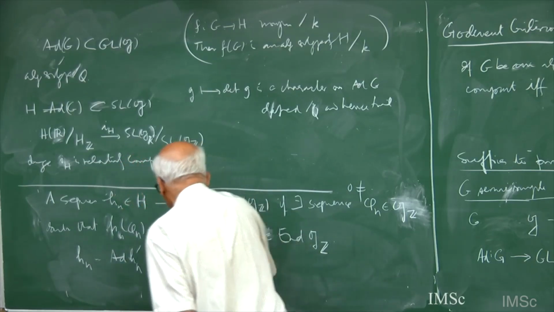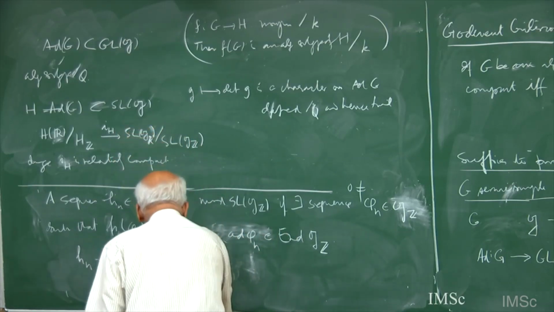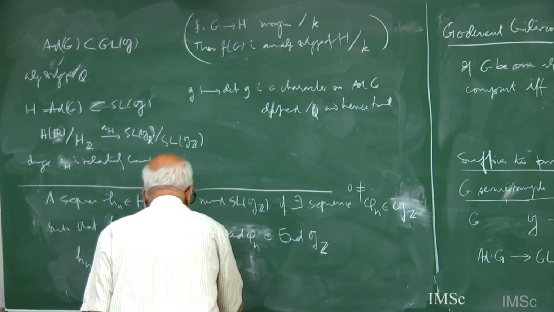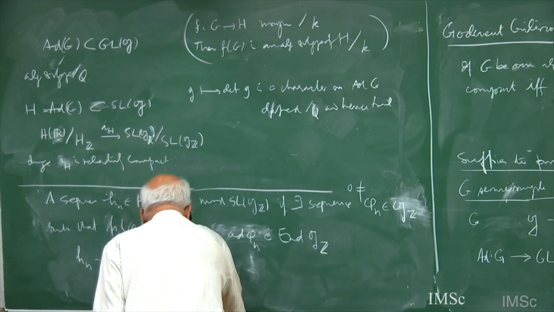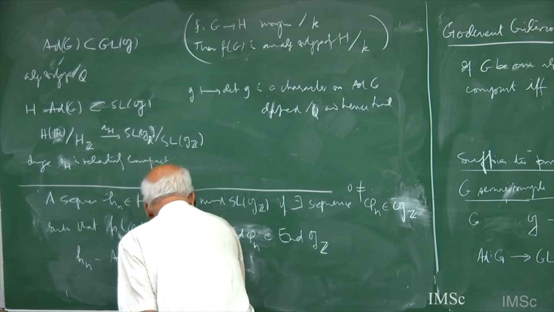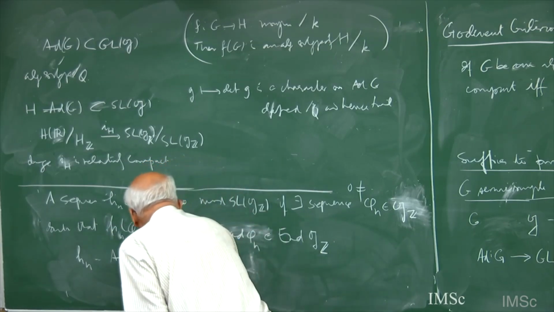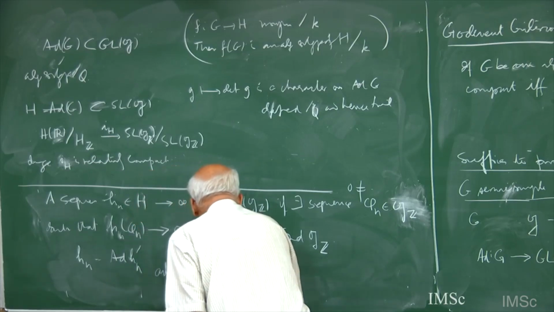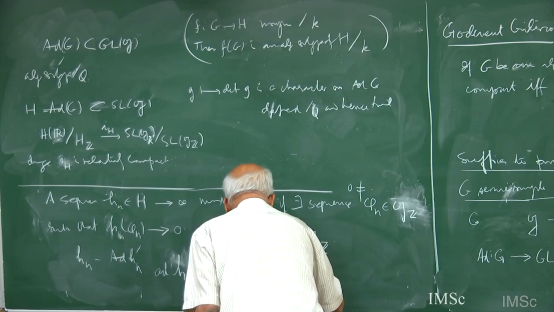Hn is Ad Hn prime. What I want to say is the following: Hn phi n. This is an element of the Lie algebra. I want to see what ad of Hn phi n is. This is Hn ad phi n Hn inverse.